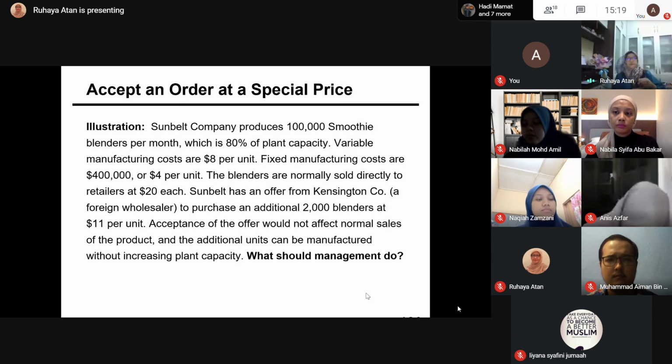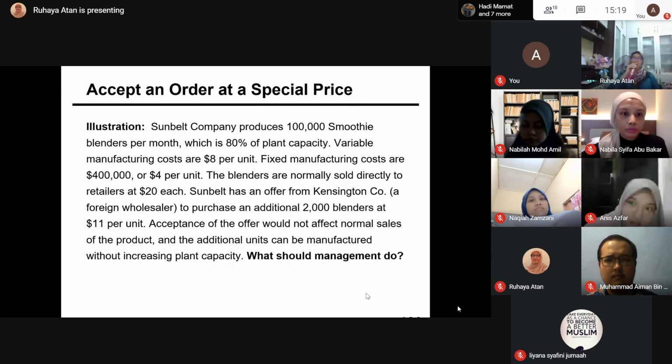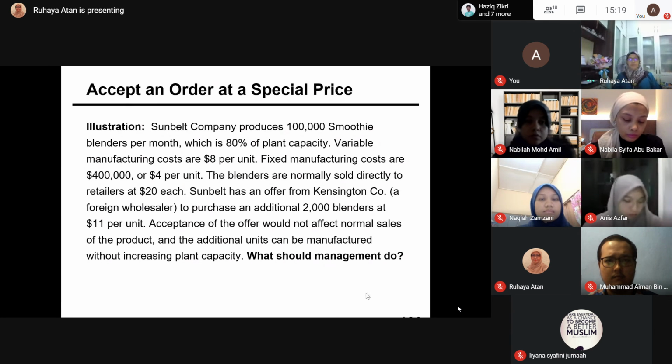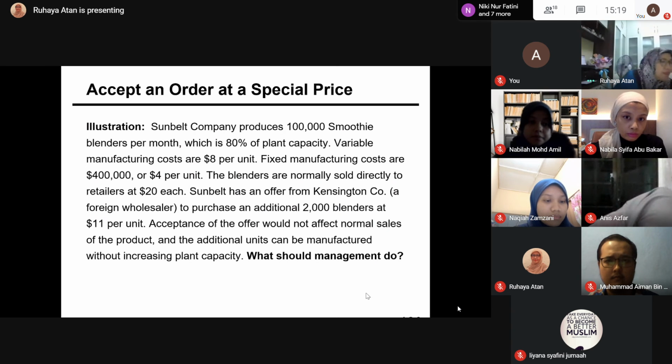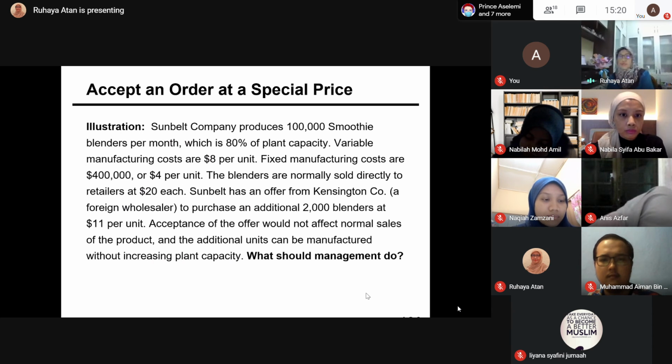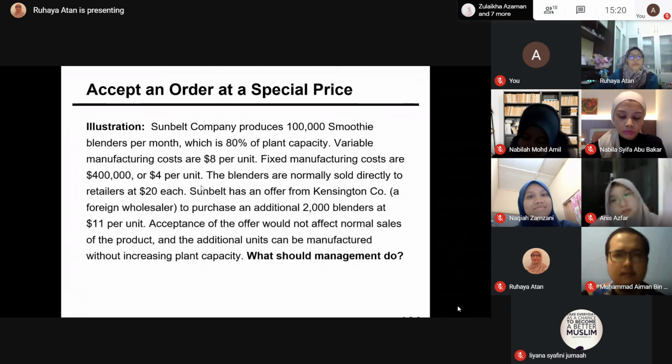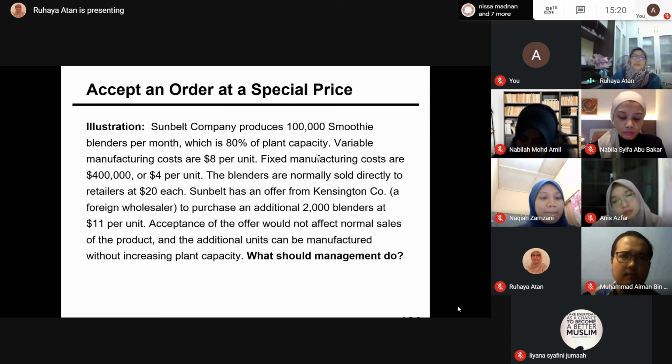Read this first. Sunbelt Company produces 100,000 smoothie blenders per month. I'm sure a lot of you like to drink smoothie, isn't it? Which is 80% of plant capacity.